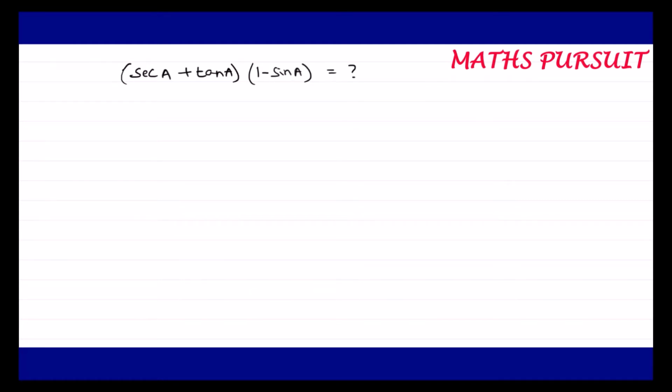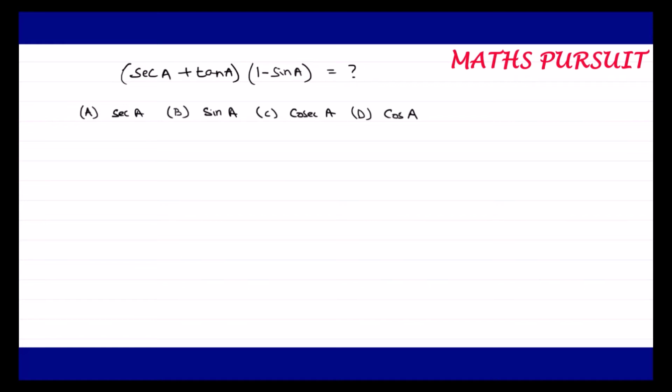And the given options are A, sec A; B, sin A; C, cosec A; and D, cos A. So these are the four options they have given, and we are going to solve the given question and find out which option best fits.